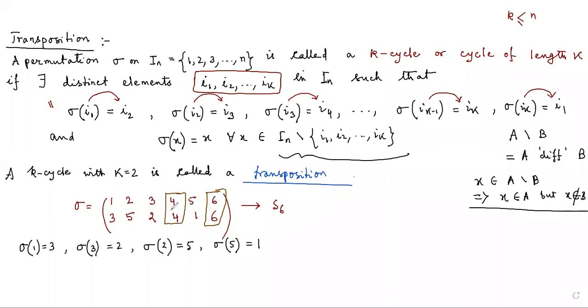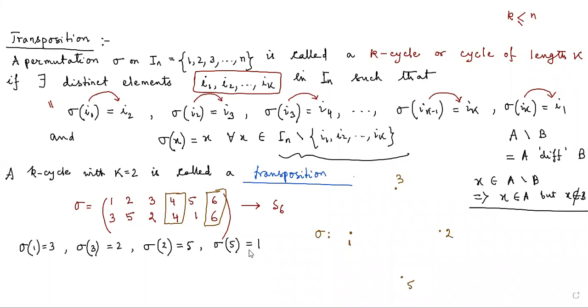So we are not talking about these particular elements, but we have ultimately got a kind of cycle. What sort of cycle have we got? Under the permutation sigma, suppose I put the element 1 here, then 2 here, then 3 here, and then 5 here.